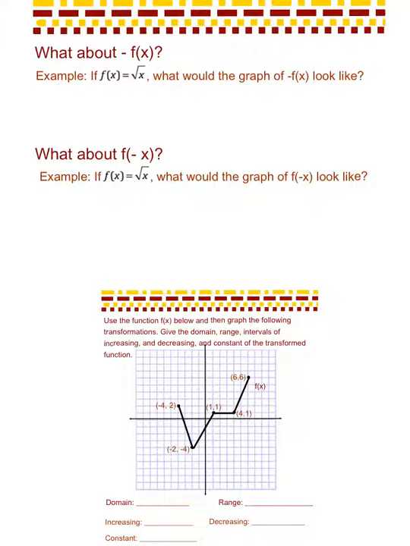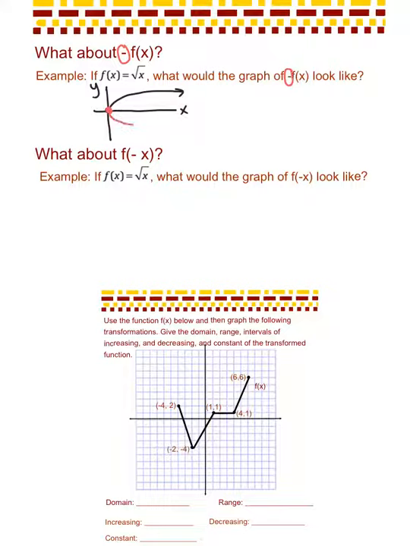So what about negative f of x, when you have a negative out front? Again, I'm looking at f of x equals the square root of x, because I know what that function looks like. What happens when you have a negative out front? You probably saw this when you were looking at the a value in the last investigation.